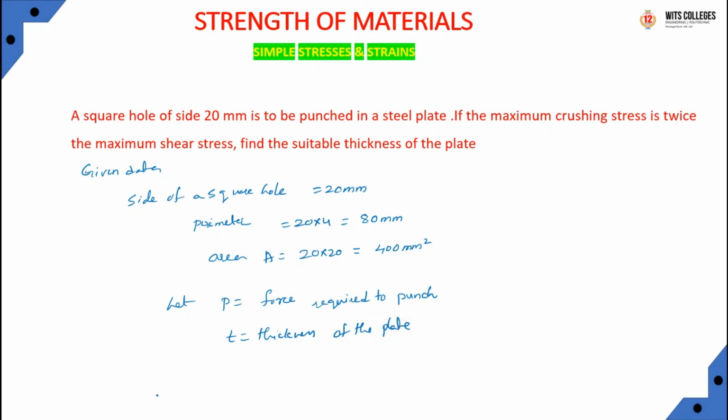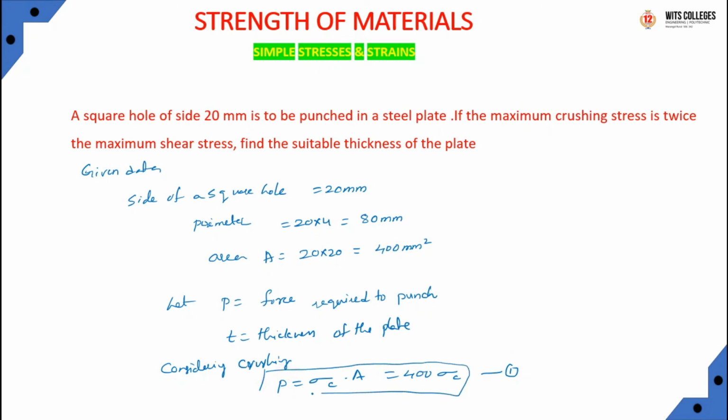Okay, let's consider crushing. That is P equals sigma C into A, so this is 400 sigma C. You can write this as equation 1.